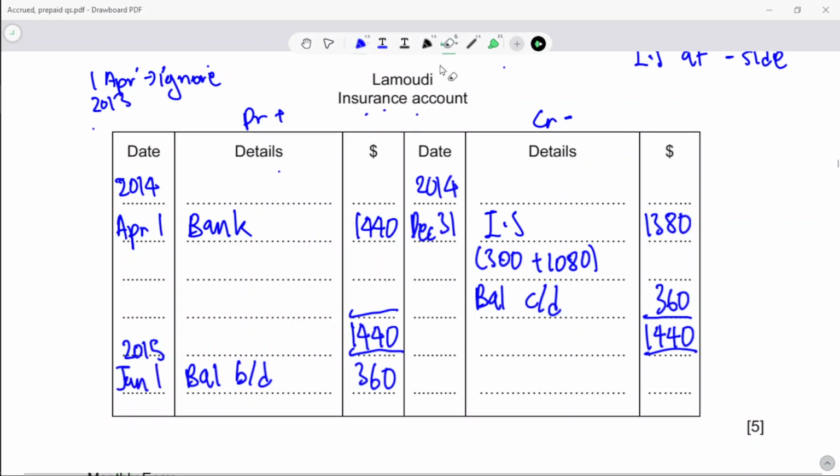Oops, I think I made a mistake. So this one should have balance BD with 300. This one.